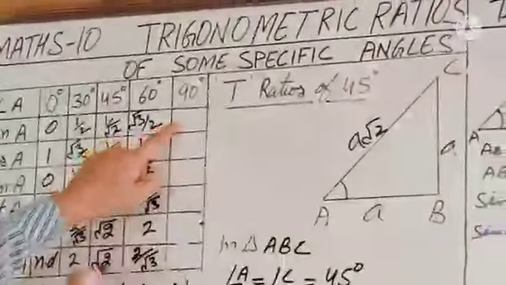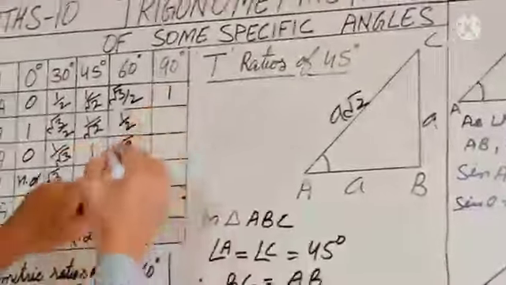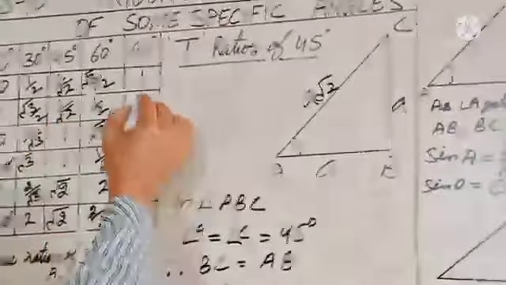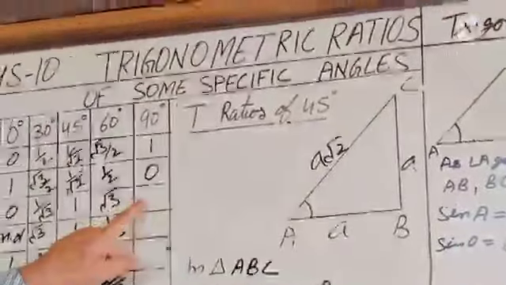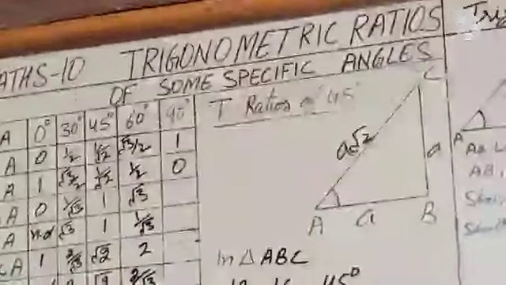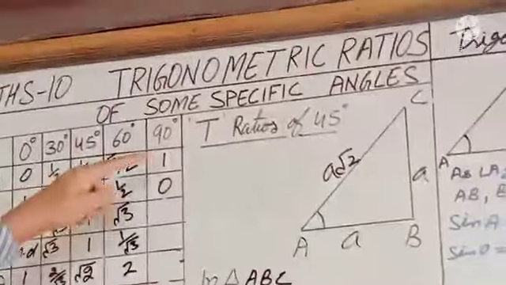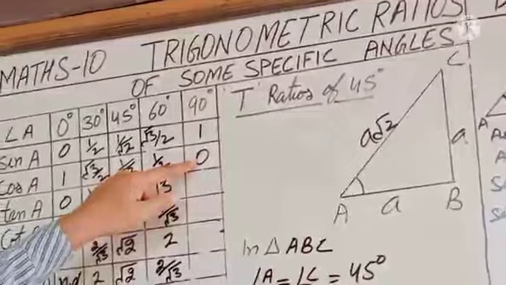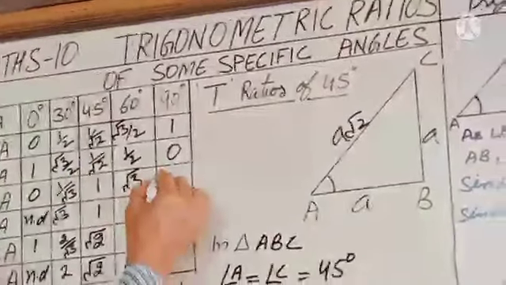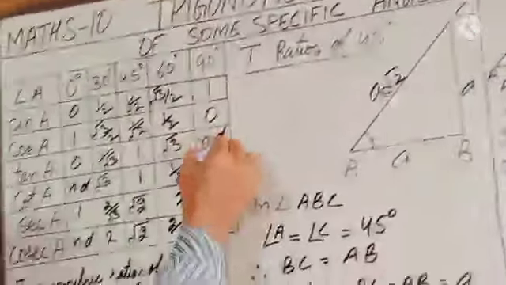So sin 90 is 1, cos 90 is 0. Now tan again is sin upon cos, that will give you 1 upon 0. But division by 0 is not defined. Therefore, you will have to leave it.